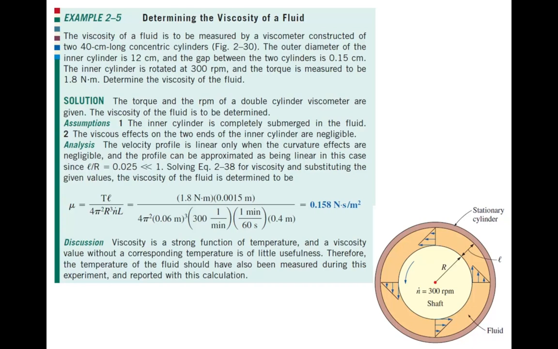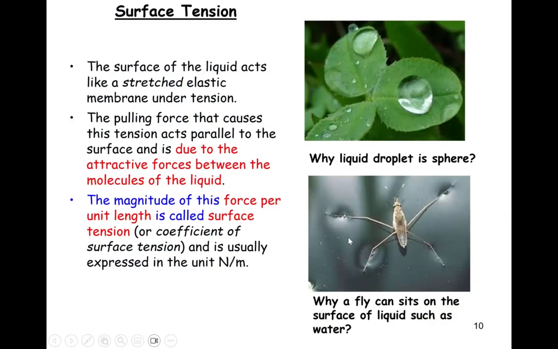The inner cylinder is rotated at 300 RPM, and the torque is measured to be this much. Then determine the viscosity. You know the equation, so rearrange it for the unknown value, which in this case is mu, and then you can simply work out what the viscosity would be, exactly similar to what we explained.